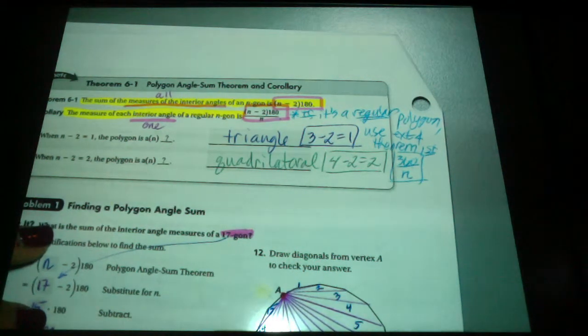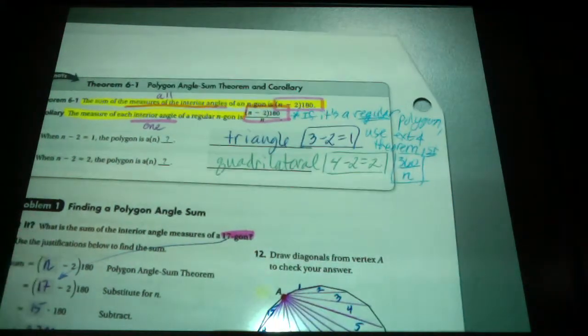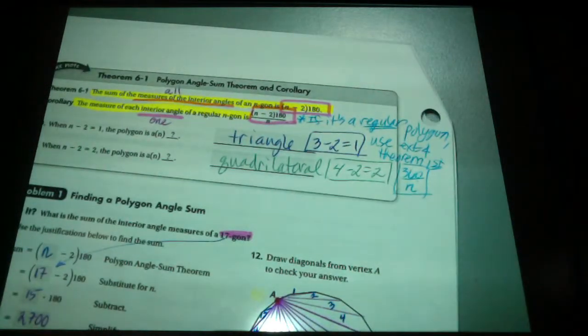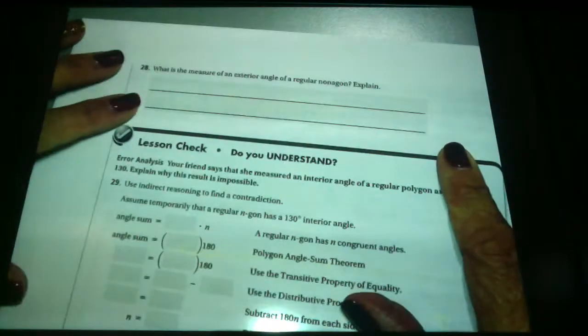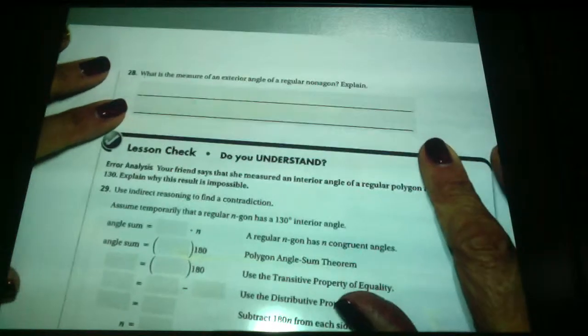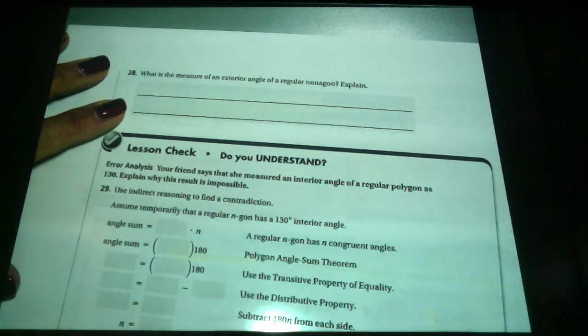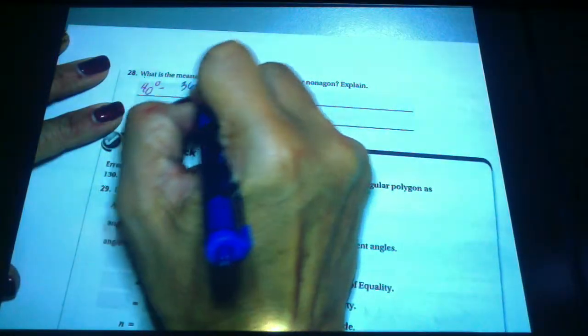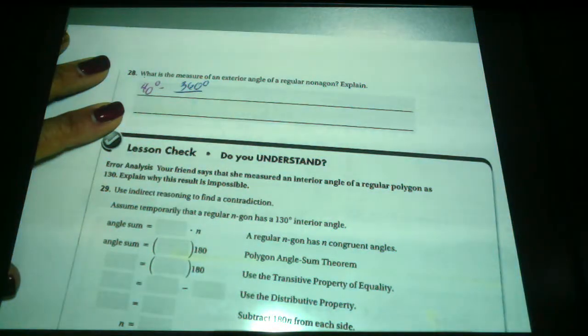And so now look at the very back of the sheet. We're going to write the shortened way on the back of the sheet. So back here, what is the measure of an exterior angle of a regular nonagon? It is, as we just stated, 40 degrees, and we got that by taking 360 degrees and dividing it by 9.